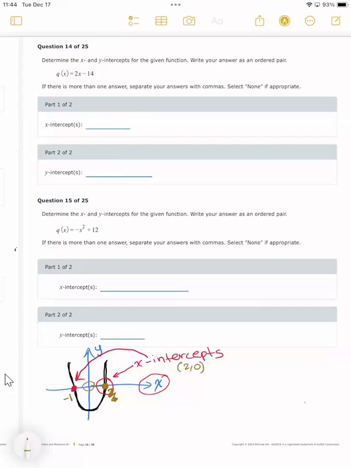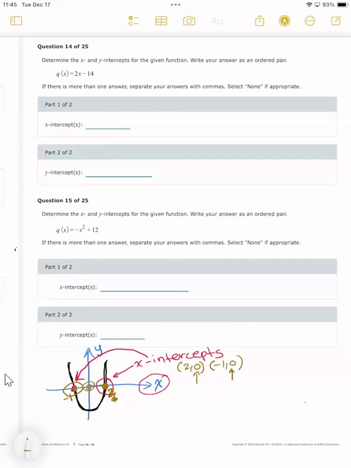So for an x-intercept, the y value is always 0. This is your other x-intercept. In this case, the x value is -1, y again is 0. So the x-intercept's y value, the second value, is always 0.